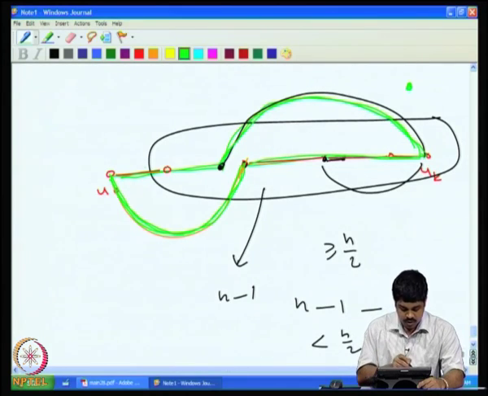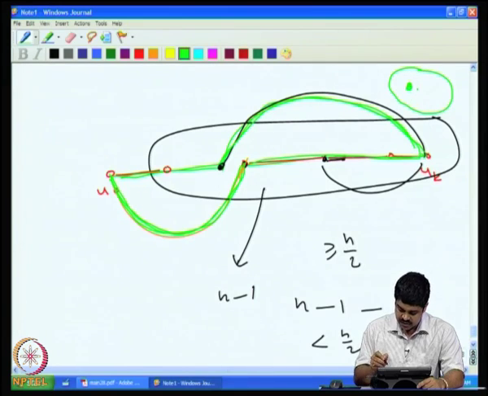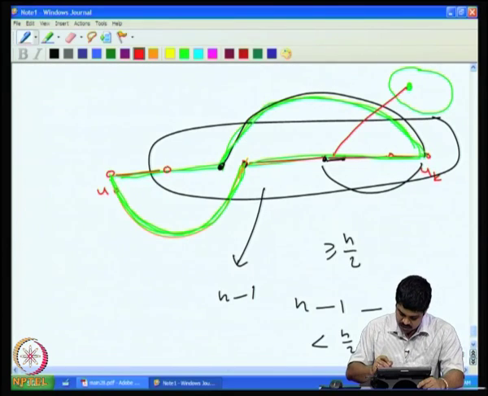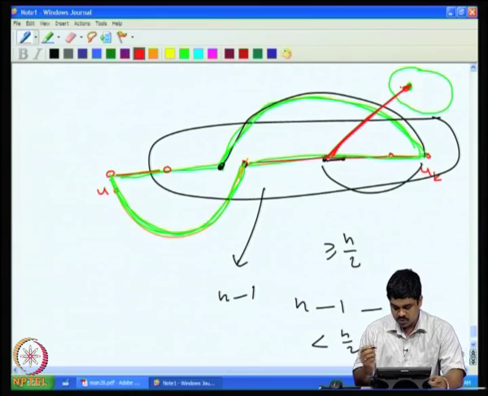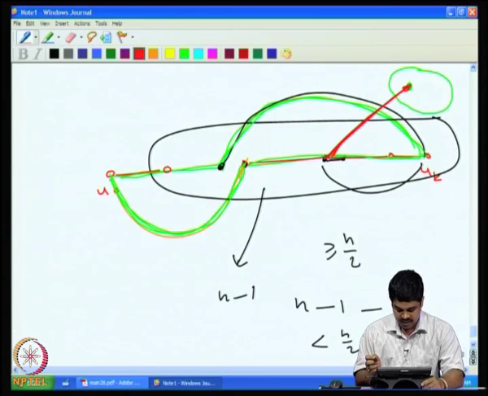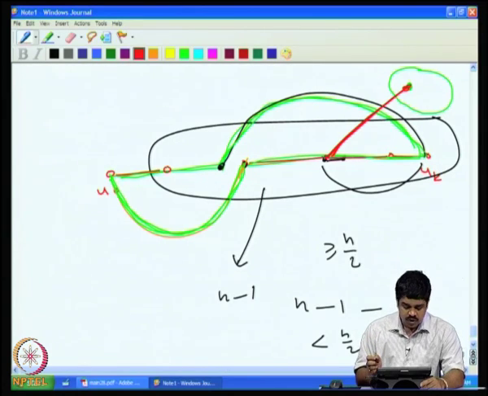So, this cycle cannot be totally disjoint from the remaining part of the graph. So, there should be some vertex outside which is adjacent to something here in the cycle, right. Say it is adjacent to here. It has to be because it is a connected graph, you cannot have this cycle not adjacent to any vertex in the remaining graph. In that case, what will we do?